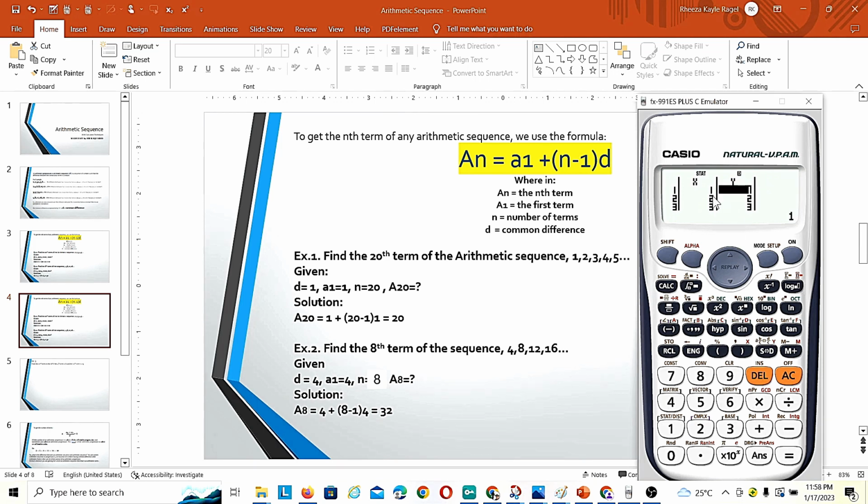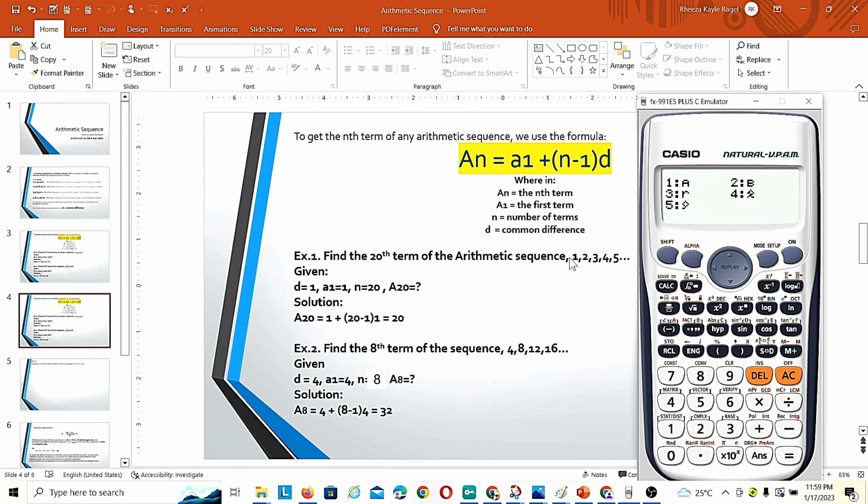They are not the same. This pertains to the position, and this pertains to the value of your term. After inputting the data, you can now press AC. Do not worry, it will not be lost. And then after pressing AC, you have to press Shift 1. And then we have to press 5.